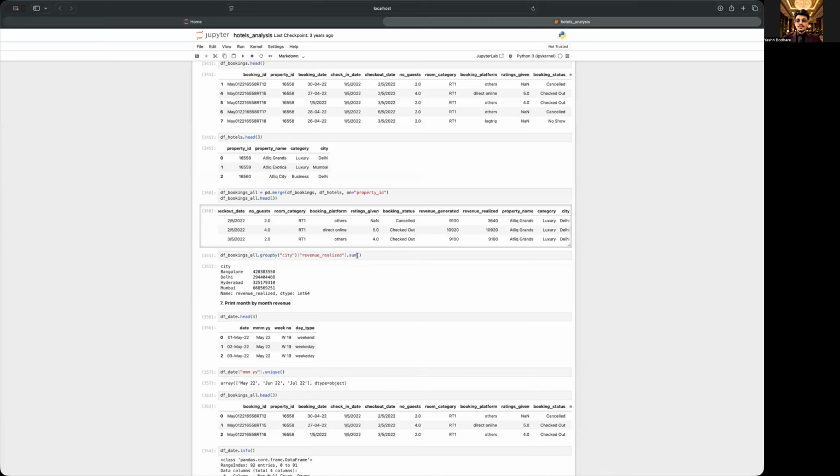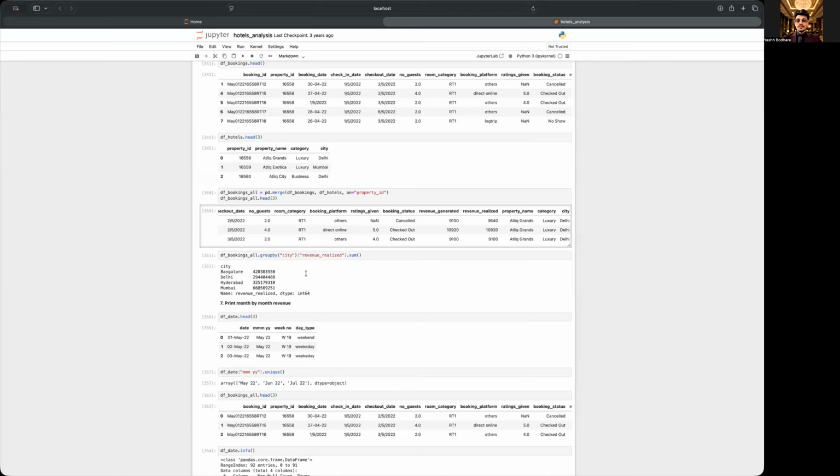As you can see, the output shows around 420 million for Bangalore, 294 for Delhi, Hyderabad is around 325, and Mumbai is around 668 million. So Mumbai clearly has generated the highest total realized revenue among the four cities.